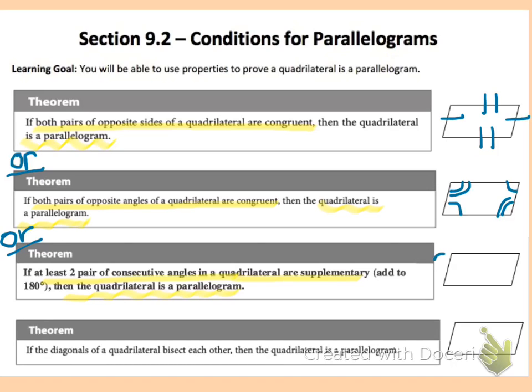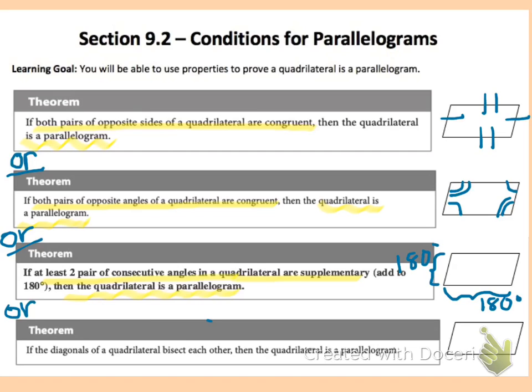We'd have to find, say, this pair and show that these add up to 180 degrees, which is not enough to say it's a parallelogram because you're going to find that that's true in a trapezoid, because a trapezoid has at least one pair of parallel sides. But if you have two pairs of consecutive angles, so if these down here also add up to 180 degrees, then that would be enough.